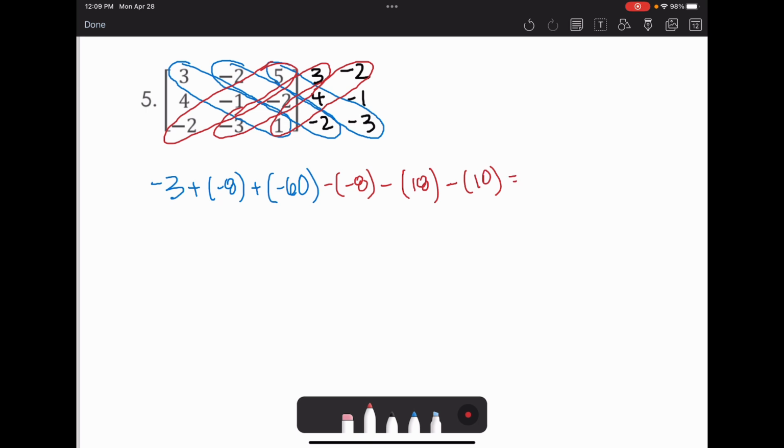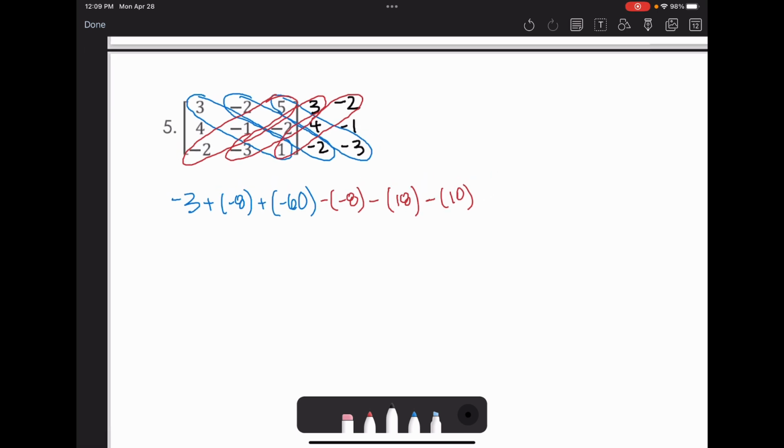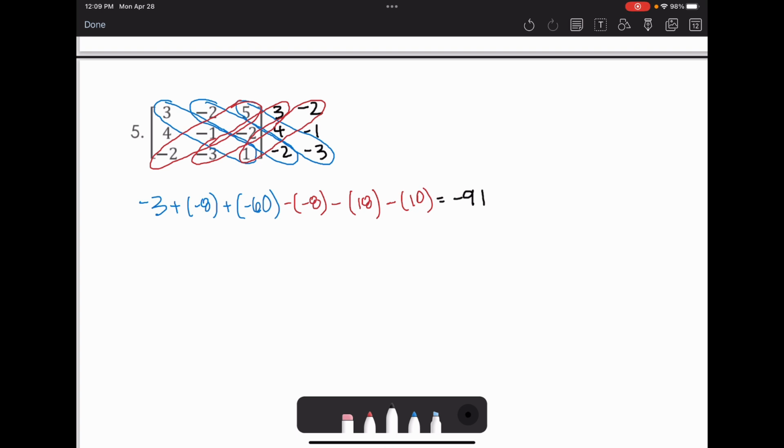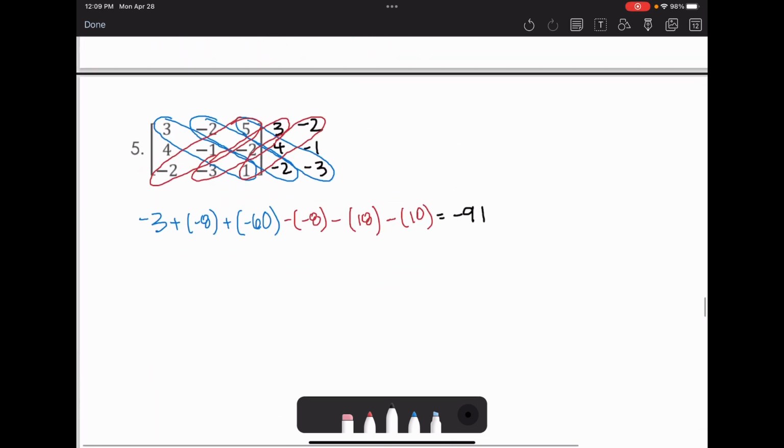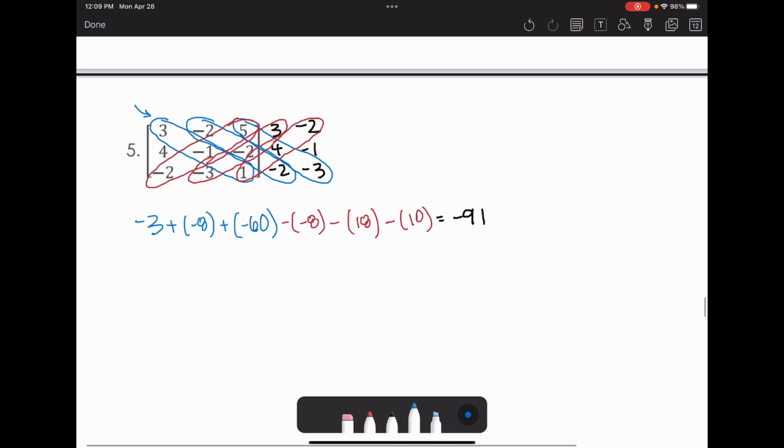I don't know why I'm putting parentheses here. Okay, altogether, that is negative 91. So that would be the determinant of this matrix. I think that's the only example that I have for finding the determinant. It's pretty easy once you know how to do it, I think. So you're just multiplying and you're adding these ones, and then you're subtracting these ones. So that's how you find the determinant of a 3x3 by hand.